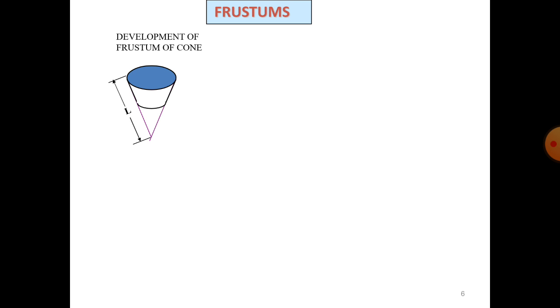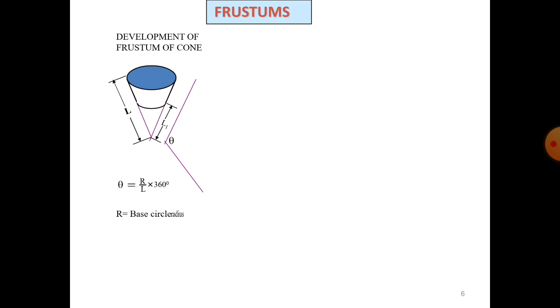Let's see the frustum of a cone. We know the frustum of a cone in mechanics. The frustum of a cone consists of length L converted into L1. Second, draw the development with the help of the slant edge and base radius.